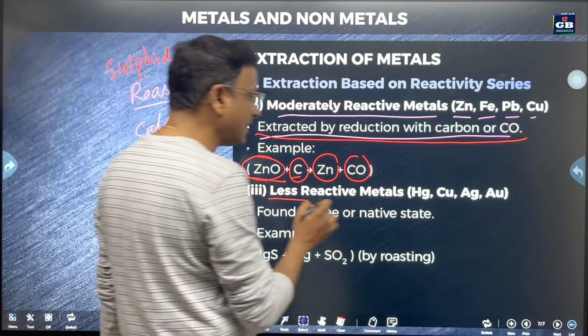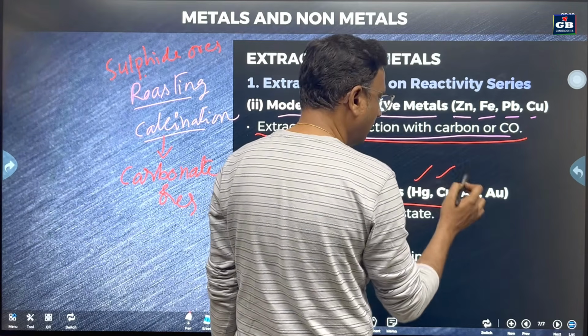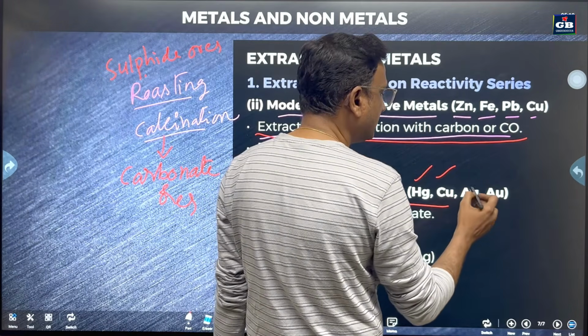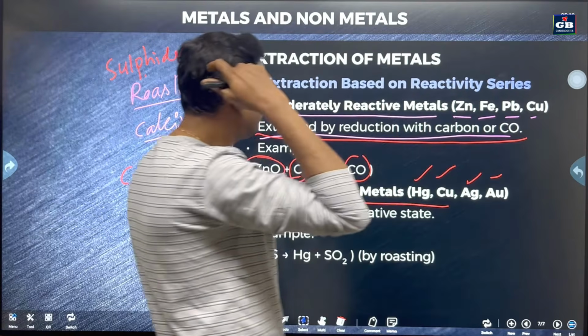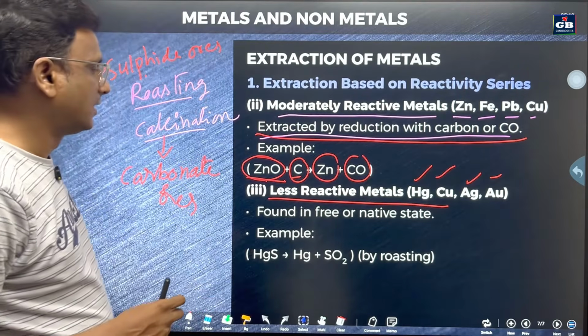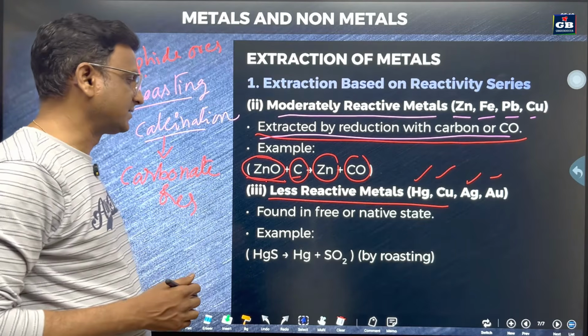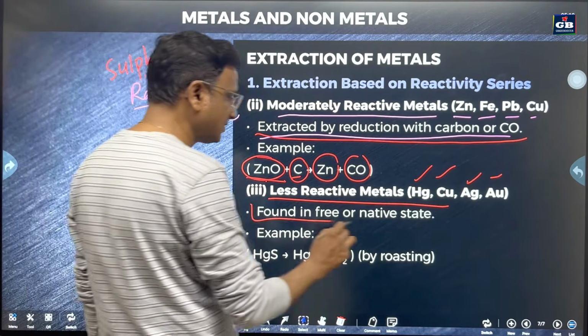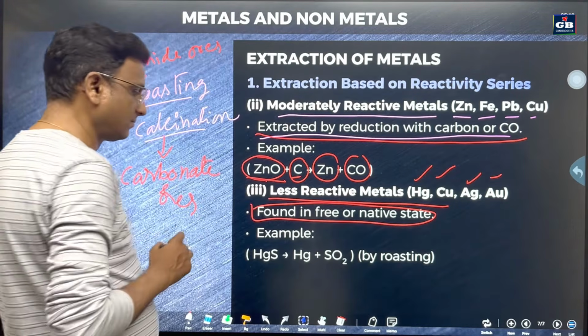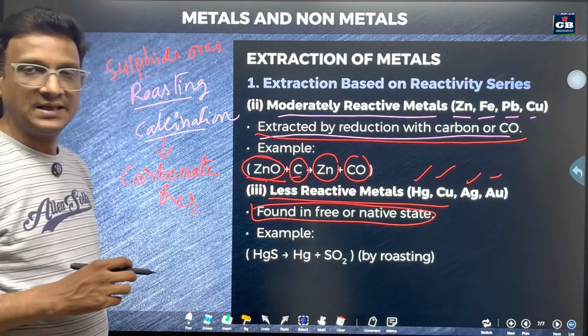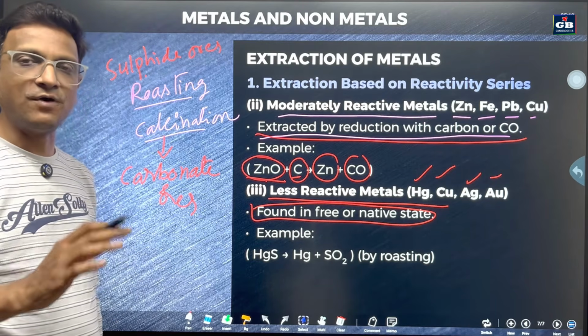How are the least reactive metals like mercury, copper, silver, gold extracted? They are mostly found in the native state.